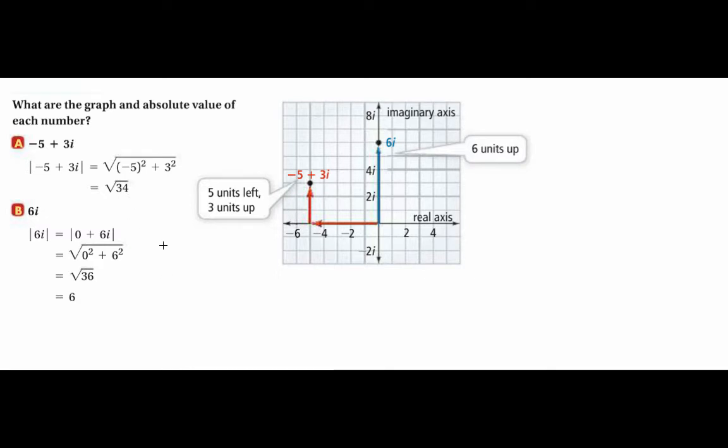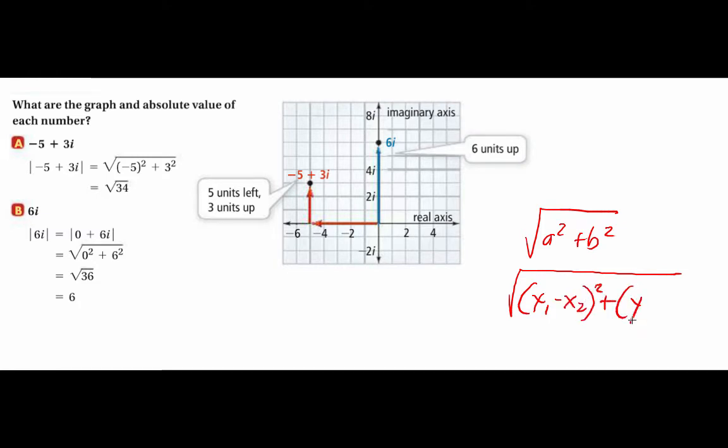It is the distance formula. We have this formula, a squared plus b squared. Remember, the distance formula is the square root of x1 minus x2 squared plus y1 minus y2 squared.